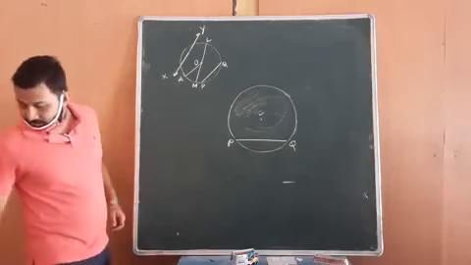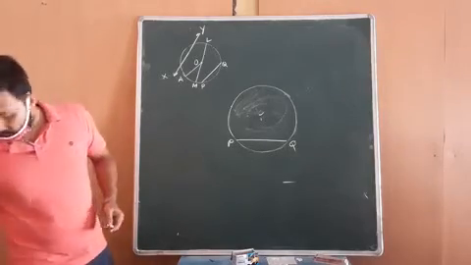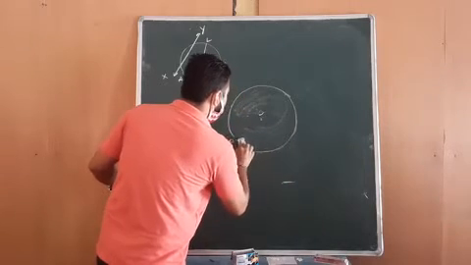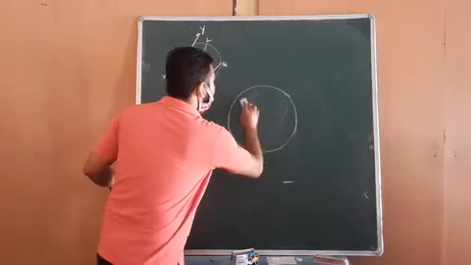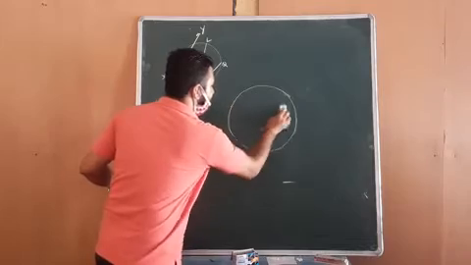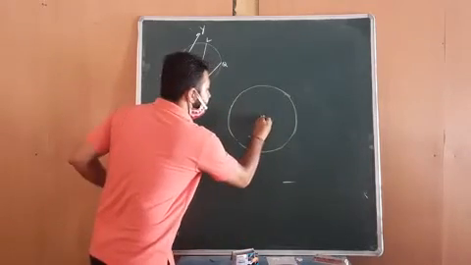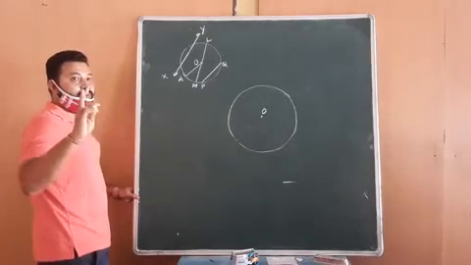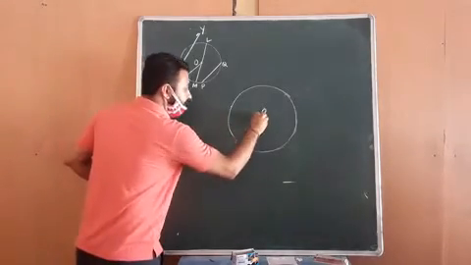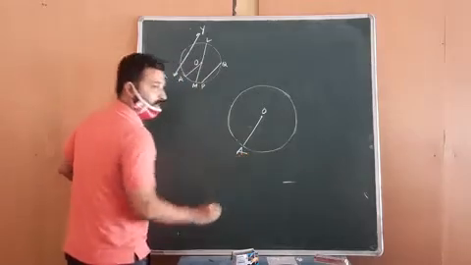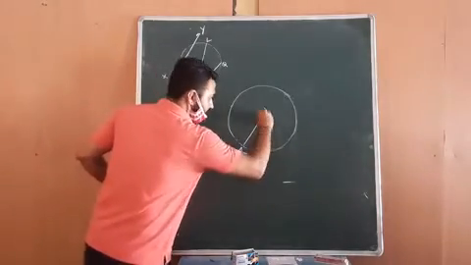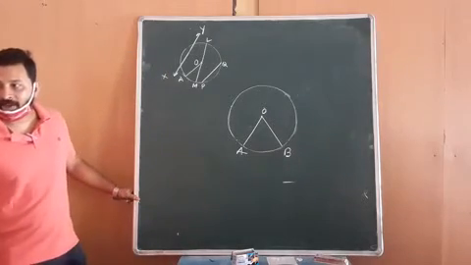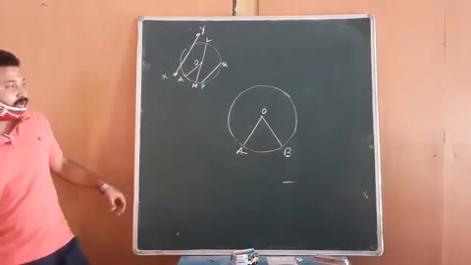Understood? So, suppose this is the center O. Suppose we draw two radii, OA and OB, two radii of the circle.